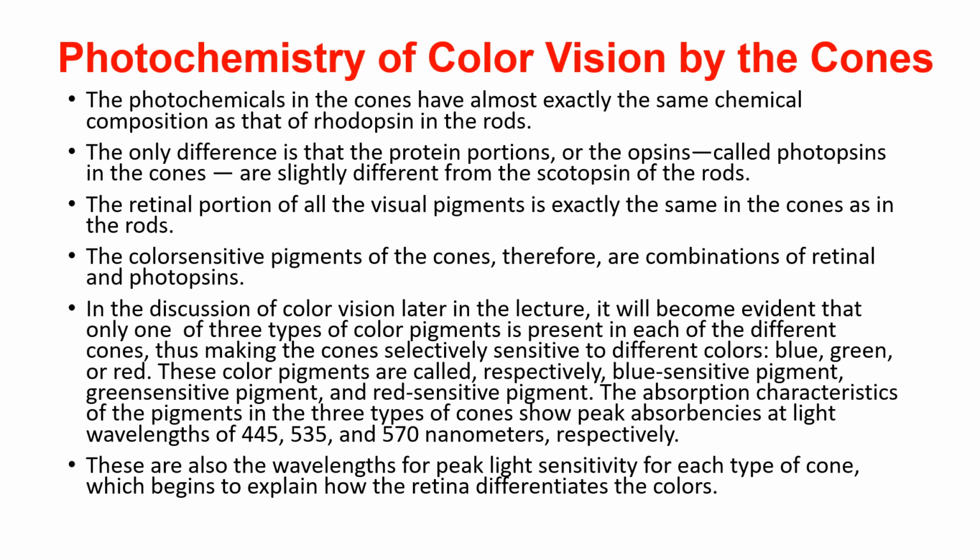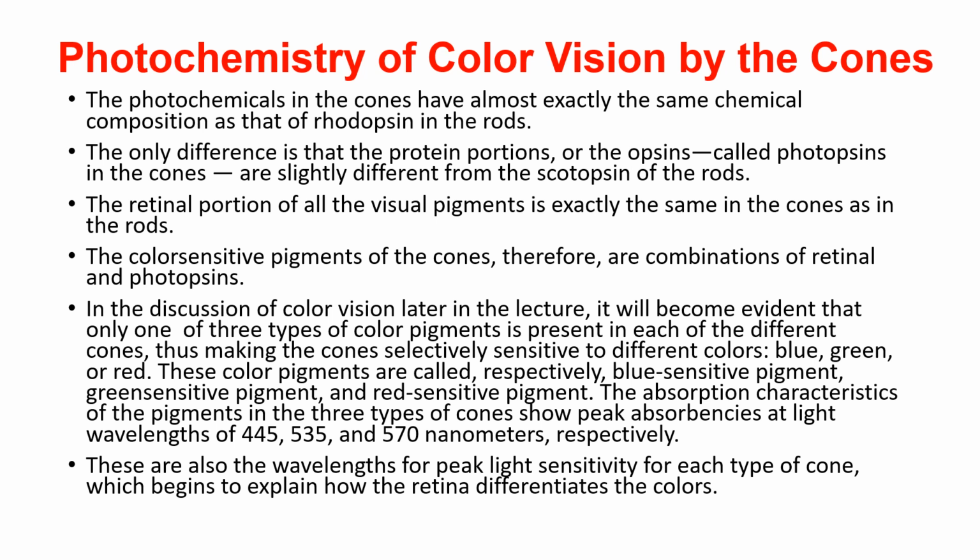In the discussion of color vision later in the lecture, it will become evident that only one of 3 types of color pigments is present in each of the different cones, thus making the cones selectively sensitive to different colors: blue, green, or red. These color pigments are called, respectively, blue-sensitive pigment, green-sensitive pigment, and red-sensitive pigment.